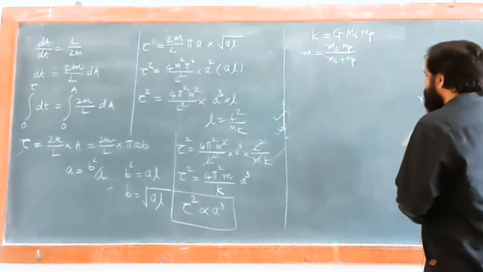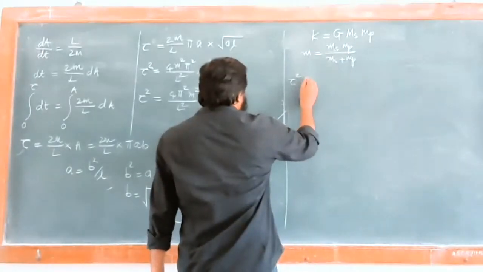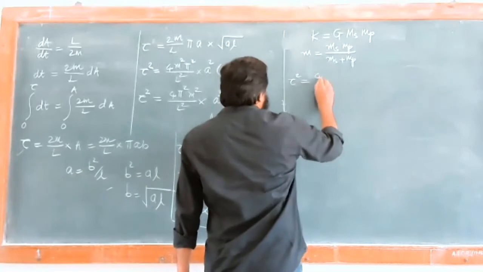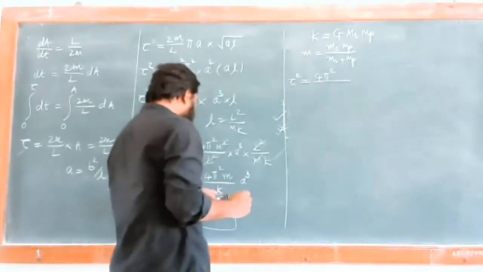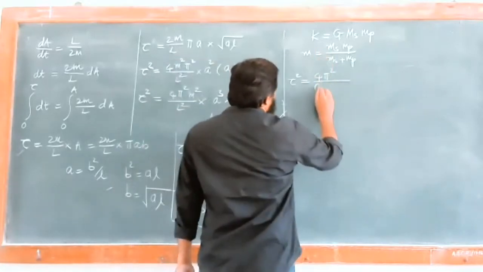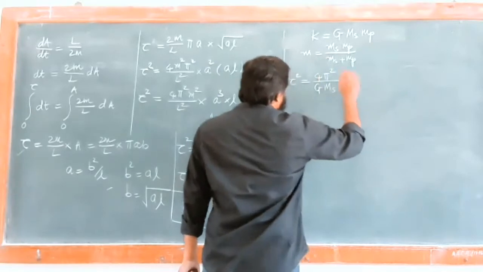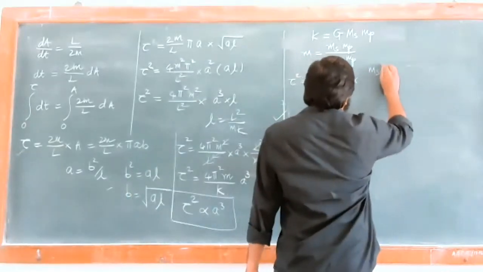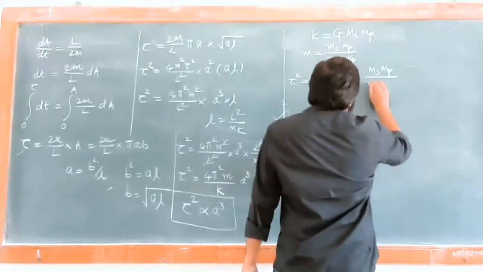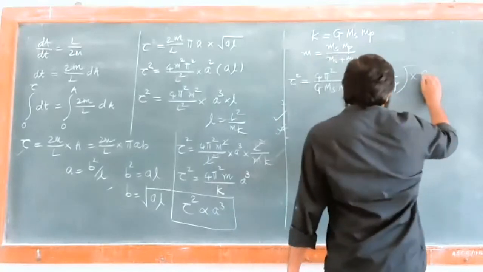Now I can use it here, and I can write that tau square is equal to 4 pi square divided by k, which is nothing but G into ms into mp, multiplied by m, which is nothing but ms mp divided by ms plus mp, and it is multiplied by a cube.